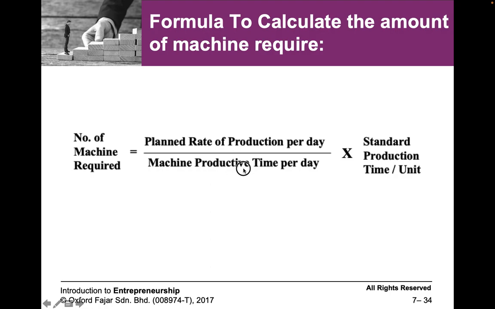Divide by 7, then times the standard production time, which is 20 minutes, for example. So I will get 200, which means this company requires 200 units of oven, for example, in order to produce 70 units of cake per day. Okay.